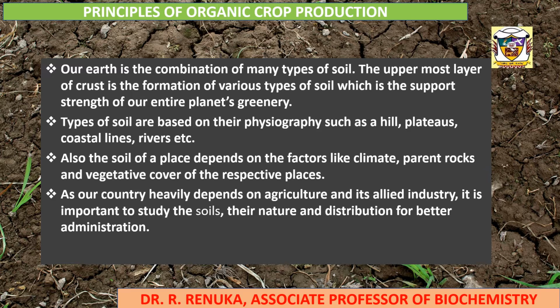Types of soil are based on their physiography, such as hills, plateaus, coastal lines, rivers, etc. The soil of a place also depends on factors like climate, parent rocks, and vegetative cover of the respective places. As our country heavily depends on agriculture and its allied industry, it is important to study the soils, their nature and distribution for better administration.